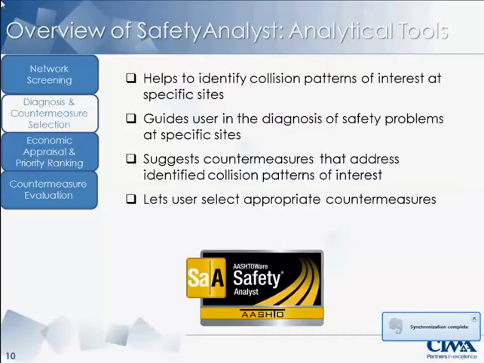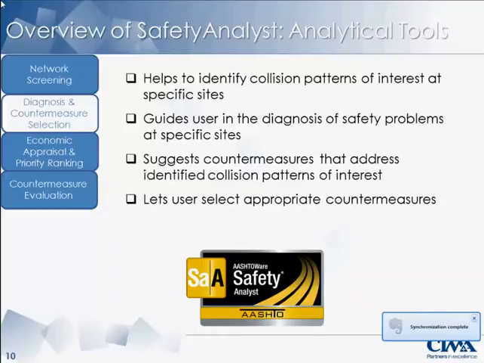And then you go to diagnosis, I said. Safety analysts assist you with different tools, statistical tool or graphical tool, to identify a collision pattern at a location. So you get your network screening, you get the top one, go to diagnosis countermeasure selection tool. It helps you identify collision pattern.